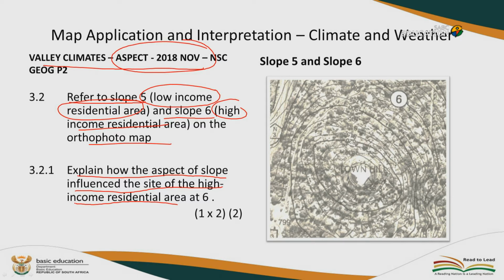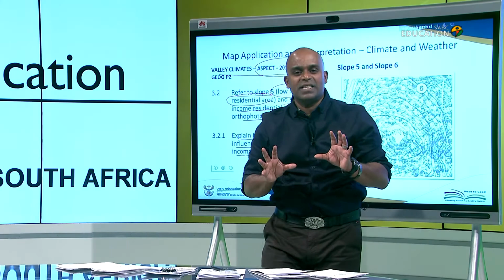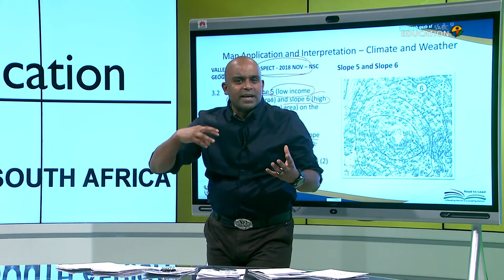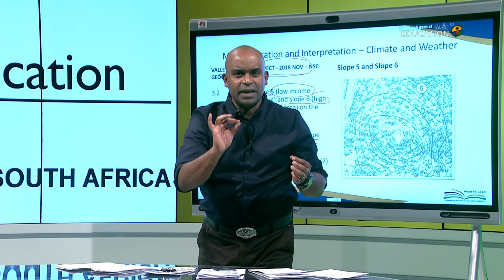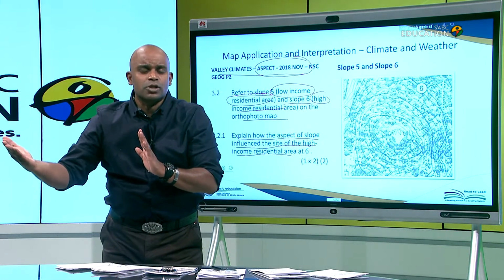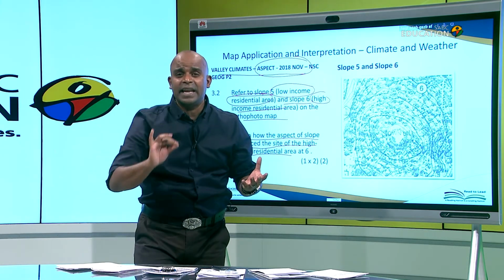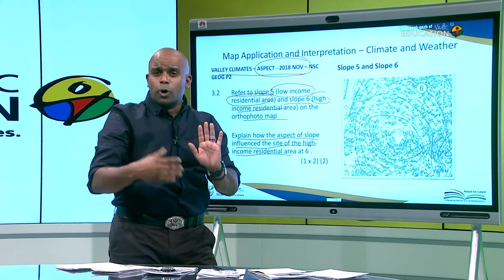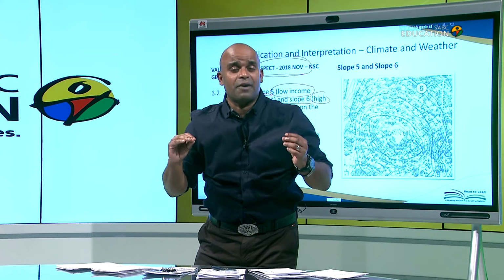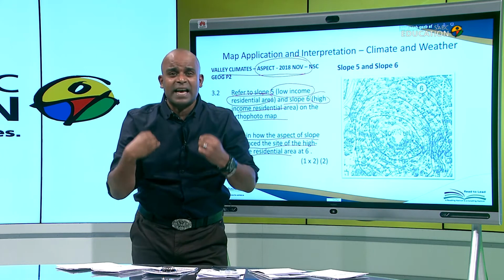Here's a form of integration which happened in 2018. The aspect of a slope means simply, is it a north-facing slope in the southern hemisphere? What have we established from grade 10 and 11? If it's a north-facing slope in the southern hemisphere, like South Africa, it receives more sunlight.